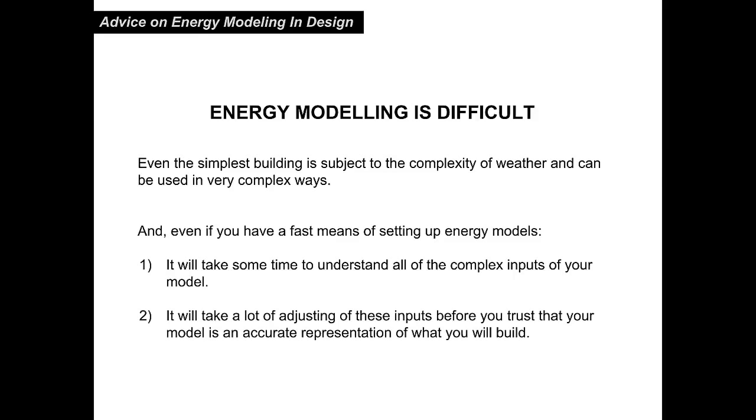And two, it'll take a lot of adjusting of these very complex inputs before you trust that your model is an accurate representation of what you will build. It's relatively easy to just have a model and run it, but to actually trust it and get something useful out of it is a difficult task.